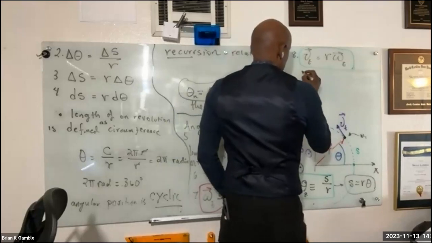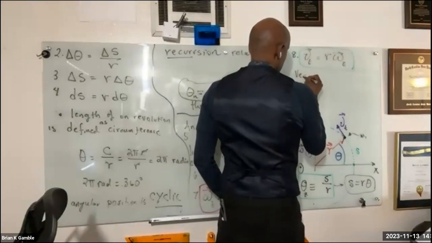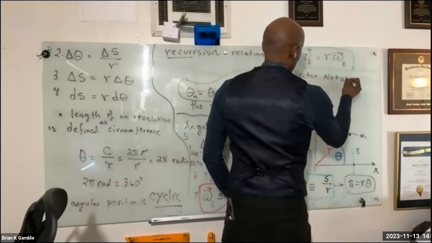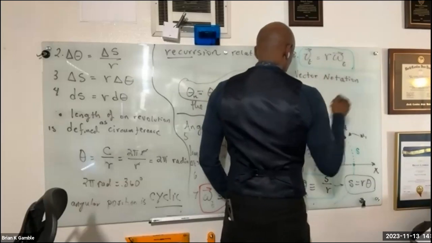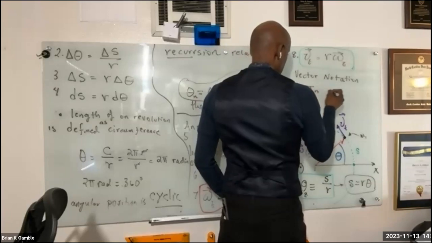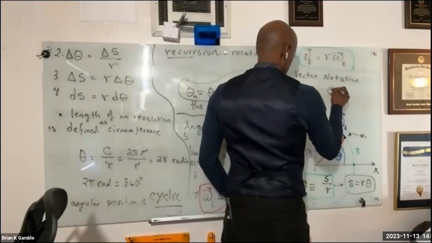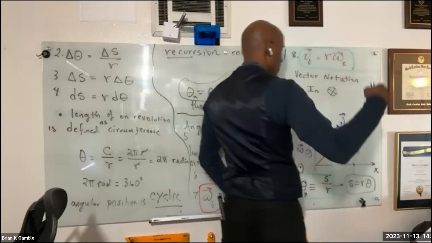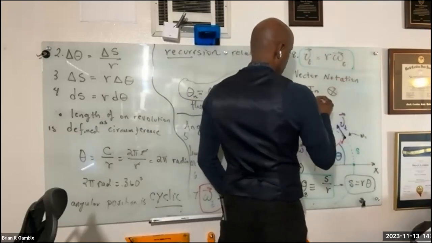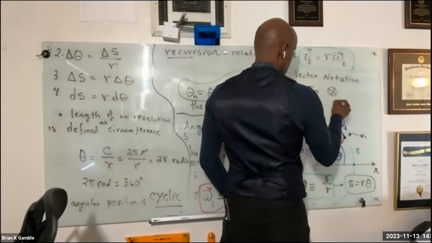Now, the symbols that we use for in and out, I think I've done this before, but maybe not. So vector notation. A vector pointing directly into the board, in, is represented by a circle with a cross hatch. It really represents the back of an arrow going in. What you would see is the feathers on the back. And for something coming out of the board, you would just see the point.